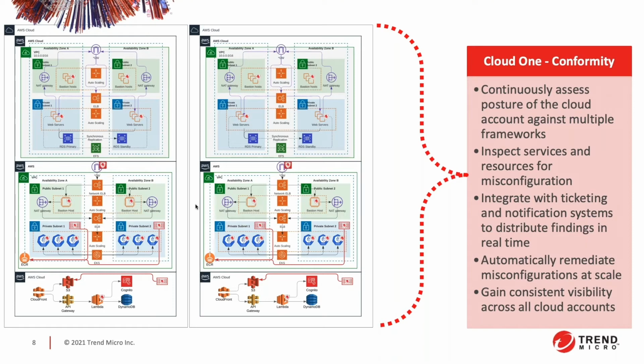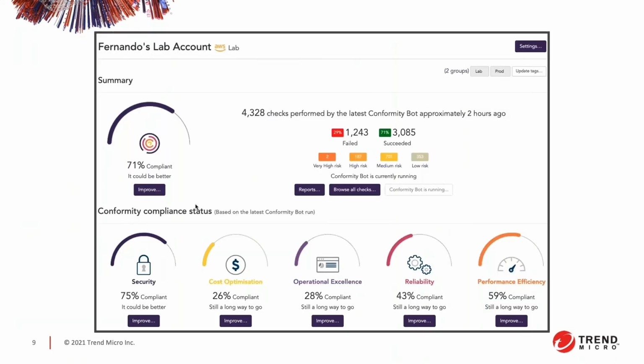There are so many technologies today in the market, and Cloud One Conformity is one of those that can bring a very nice way to help you with the compliance information, right? With some visibility on where you are failing, which specific pillars from the AWS Well-Architected Framework or Azure Well-Architected Framework you are failing, like security, cost optimization, operational excellence, reliability, and performance efficiency.